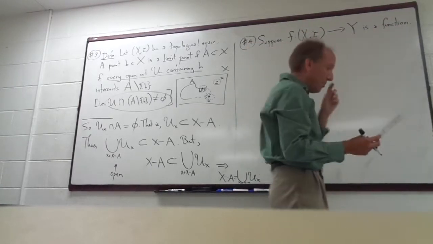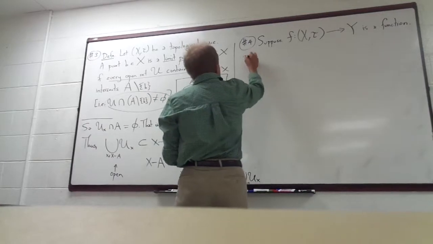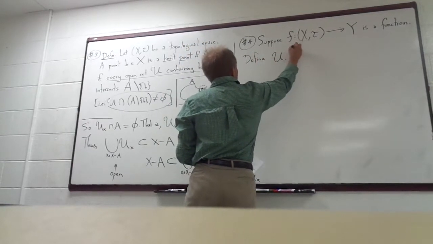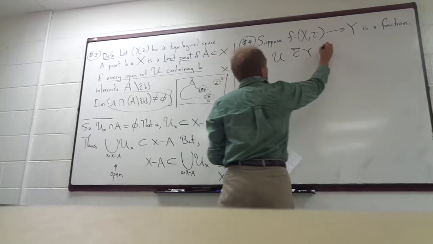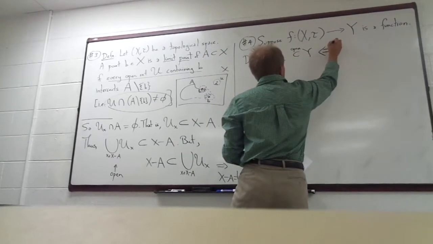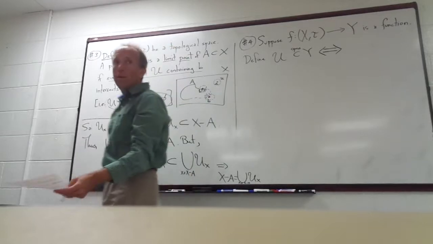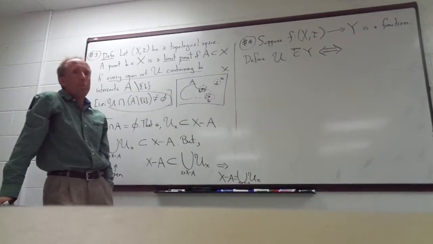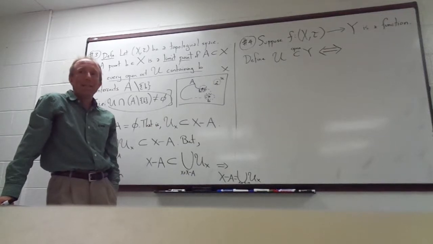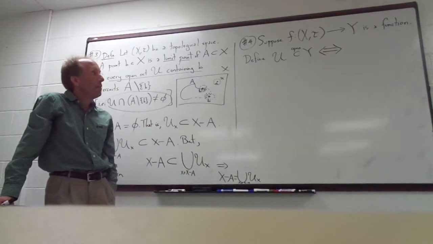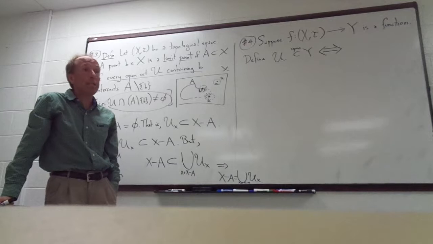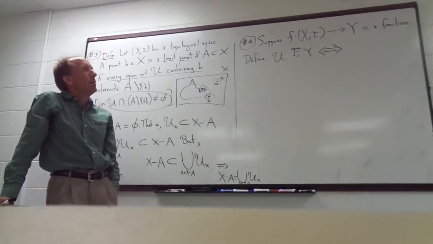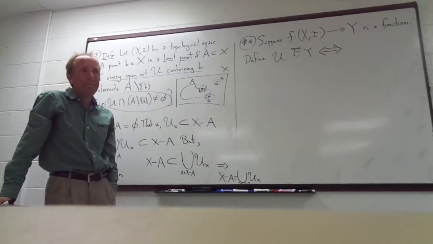Now what I'm going to do is define what it means for U to be open in Y. In other words, what I'm going to try to do is make a topology on capital Y. I don't have one yet, but I'm going to try to make one.